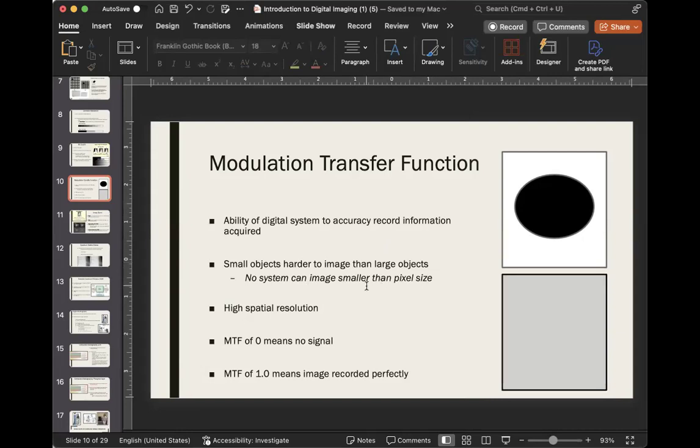Because we are taking, say, a hand and trying to replicate it on a 2D surface. Our hand is 3-dimensional. And so it will lose information and value across getting transferred to our detector. And so a MTF will never be 1. But the closer an MTF is to 1 means we are able to accurately record the information that we provide our systems.